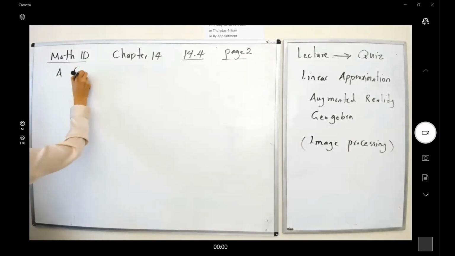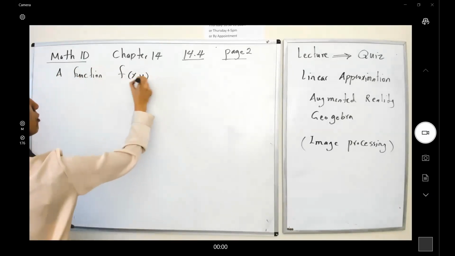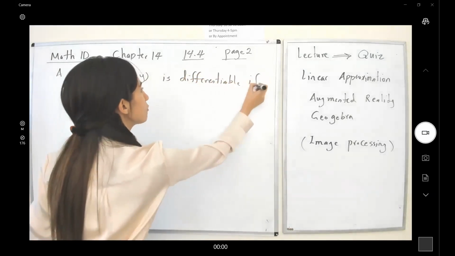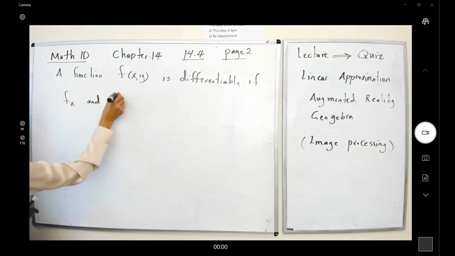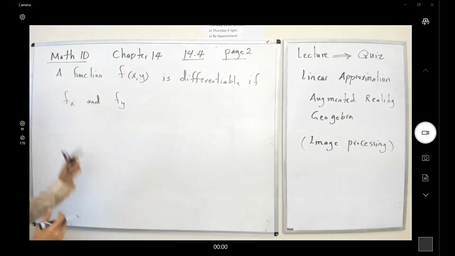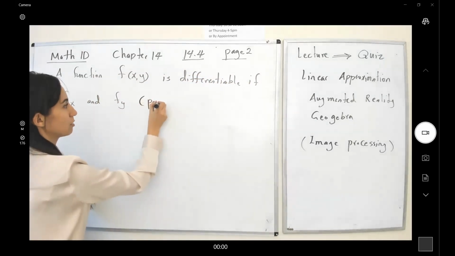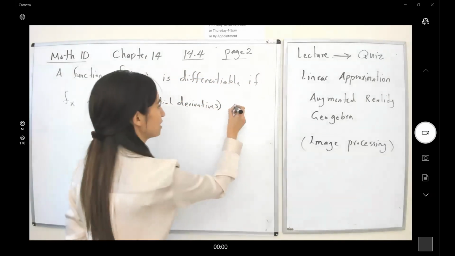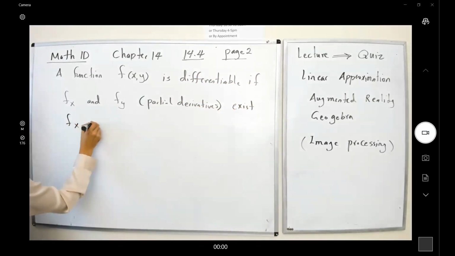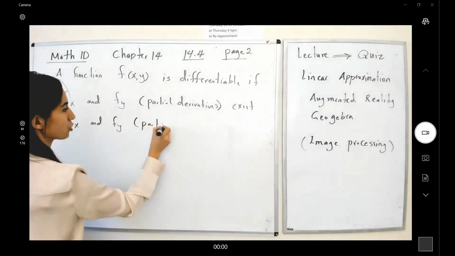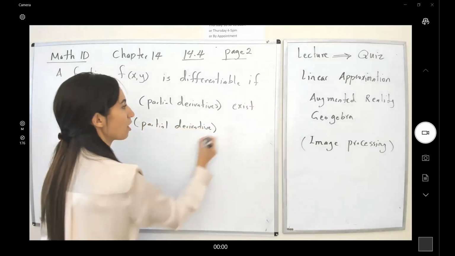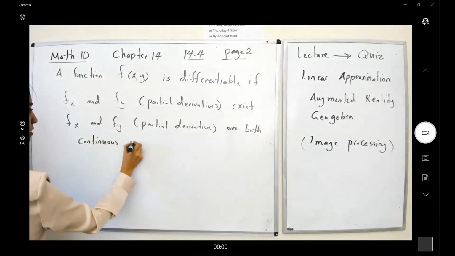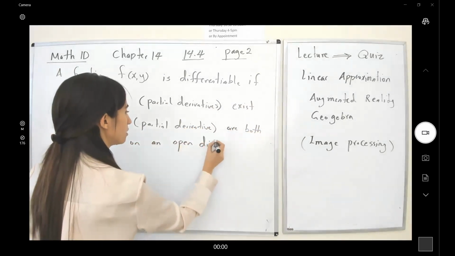A function like f of x and y is differentiable if f sub x and f sub y, the partial derivatives with respect to x and with respect to y, both exist and are continuous on an open disk.